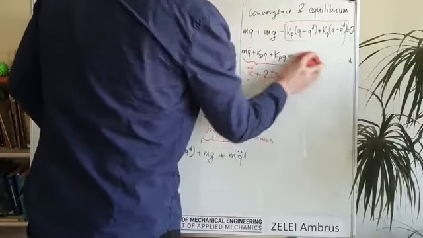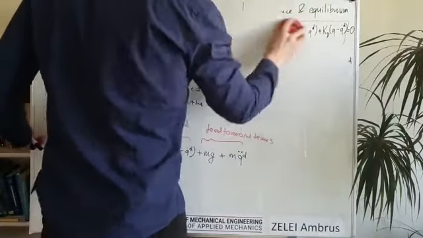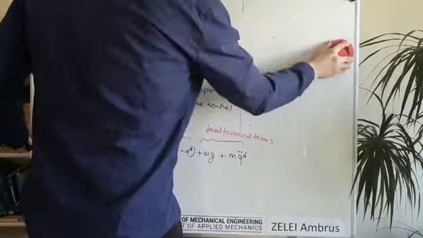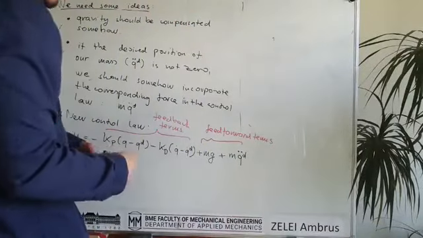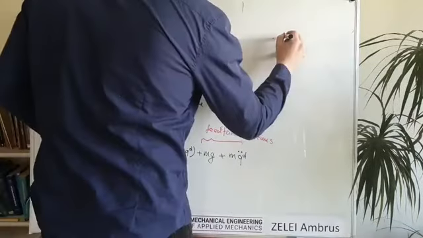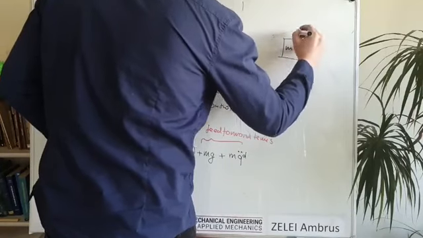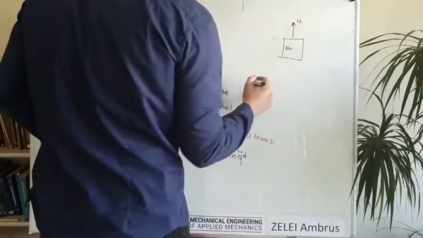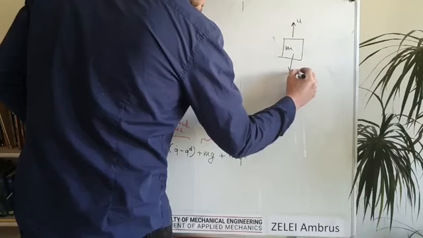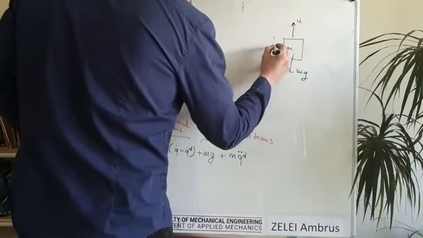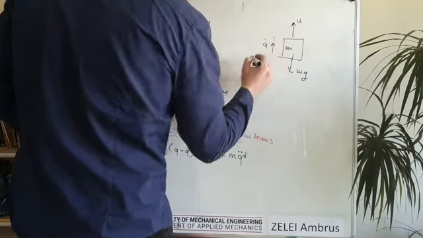So we say that if we check again our free body diagram of this very simple example, there is a mass and there is a force here and there is gravity m times g and the acceleration is upward.